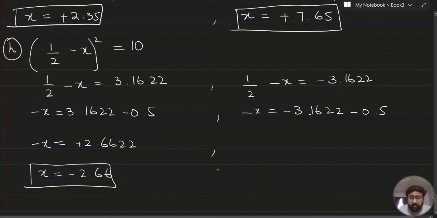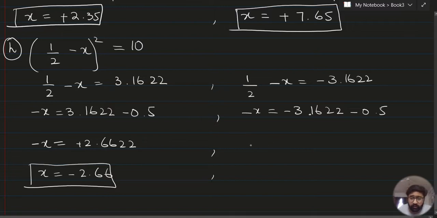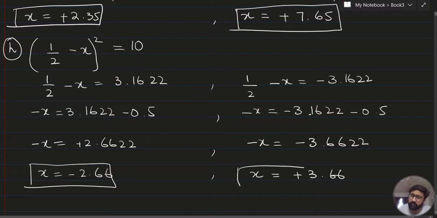The other value of x is going to be, 3.1622 minus 0.5. It is going to give you minus x is equal to minus 3.6622, and after simplification it is going to give you plus 3.66 up to 2 decimal places.